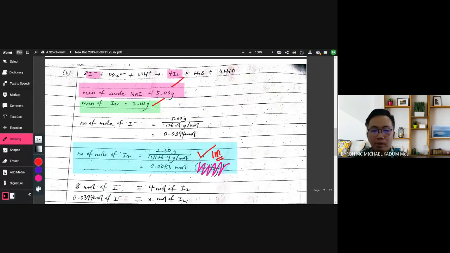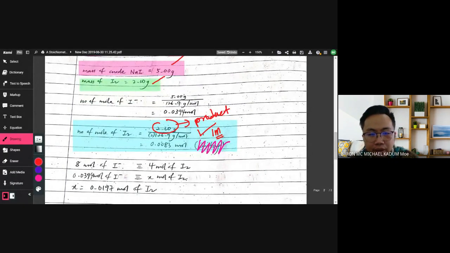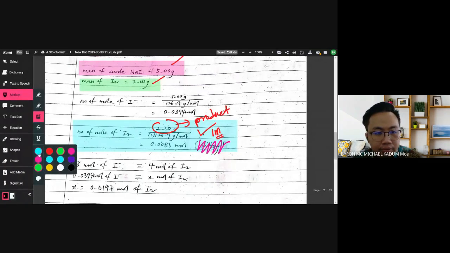Dia tukar pergi mol. Mass of dia punya I2. Ingat ini adalah produk dia. Dia sudah sebut dalam soalan, produce kan produk itu. Dapat satu markah. So, from the balance equation, this one is from the balance equation.